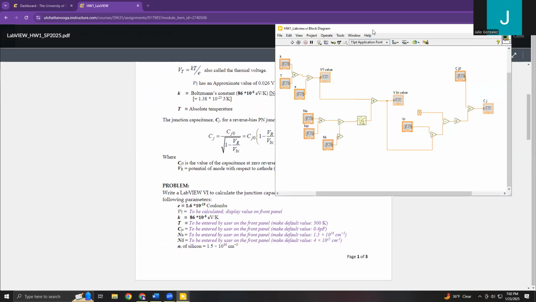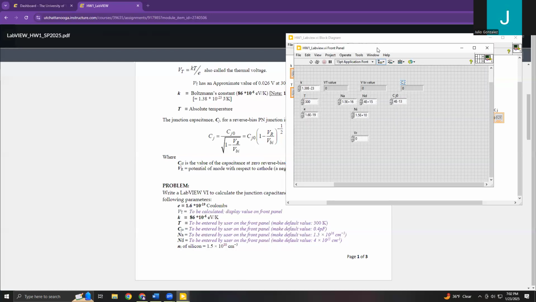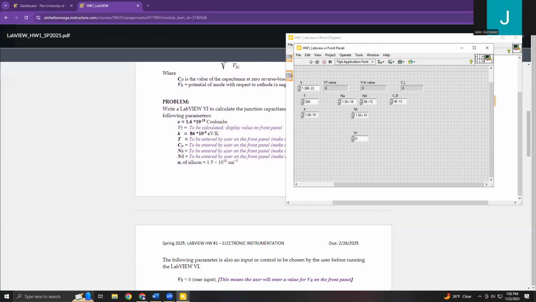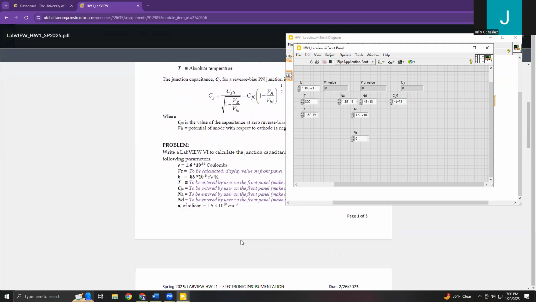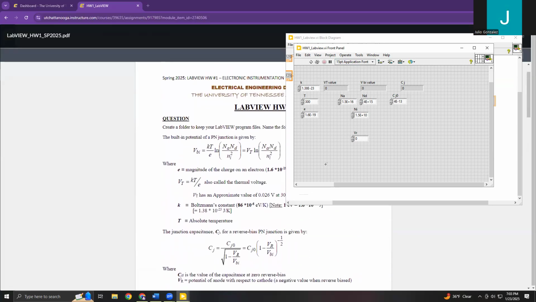This is actually what makes the front panel show values on your indicators. Once you enter this VR user input value, it should not be positive, so it has to be negative.